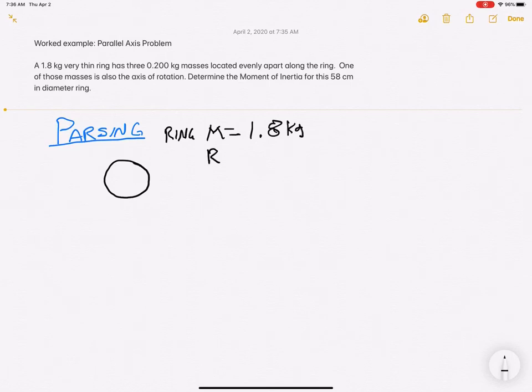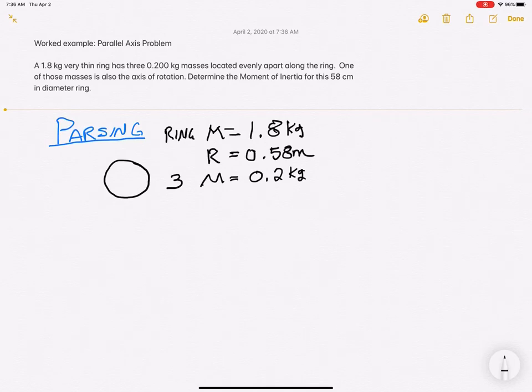Its radius is 0.58 meters, and I've got three masses that are 0.2 kilograms each, located equally around the ring.